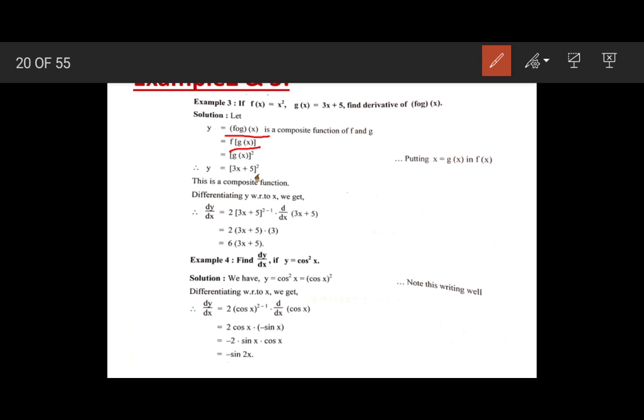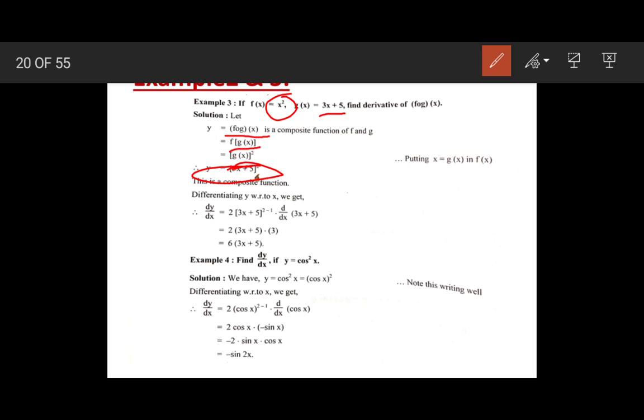Now f of g of x means g of x whole square, because f of x is x square. Now g of x is 3x plus 5. So finally y will be 3x plus 5 whole square.